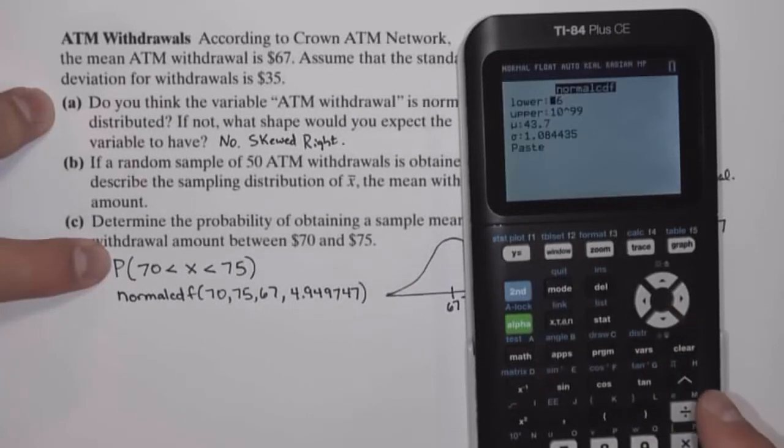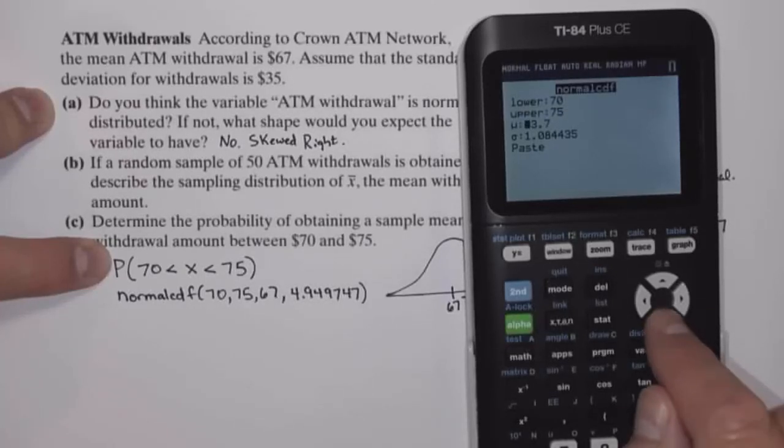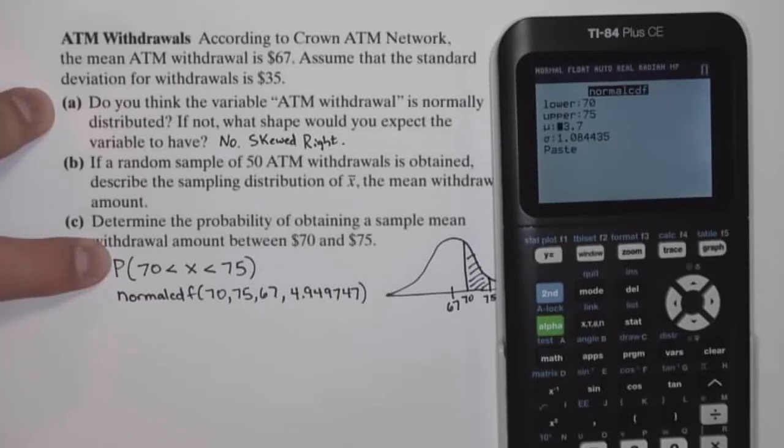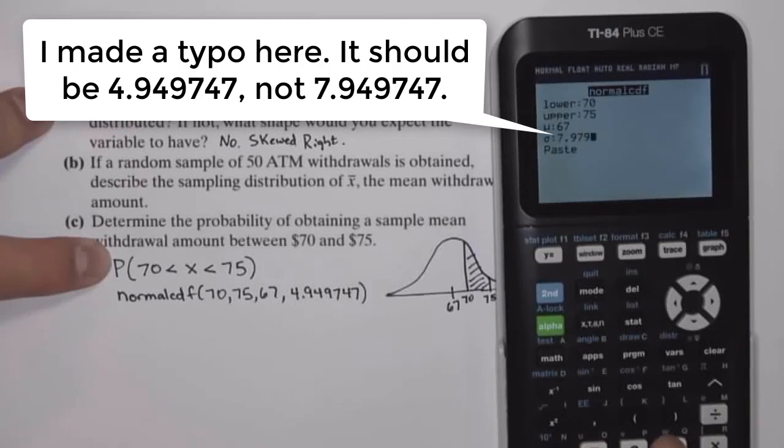So if I bring back in my calculator, normal CDF, my left bound is 70, my right bound is 75, my mean again is 67, and my standard deviation is 4.949747.